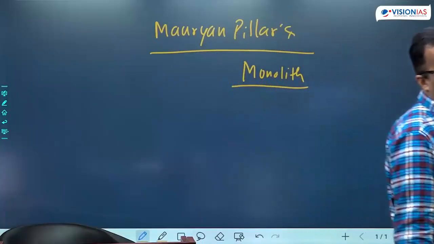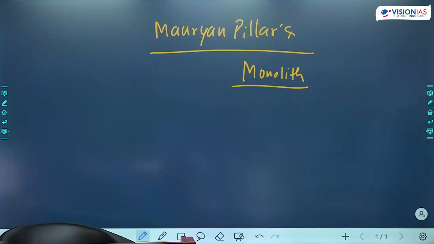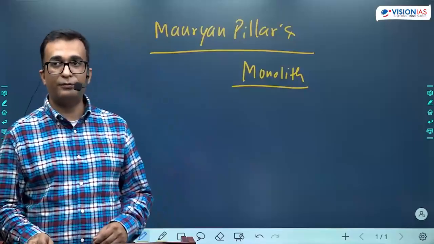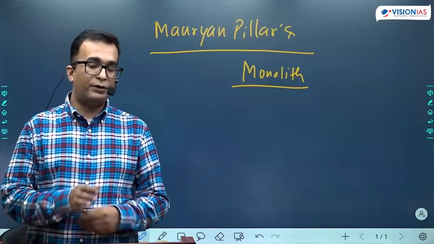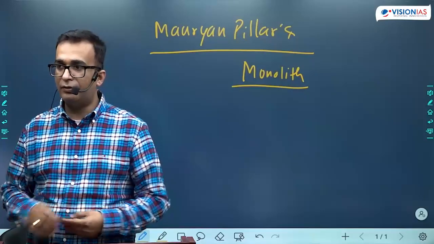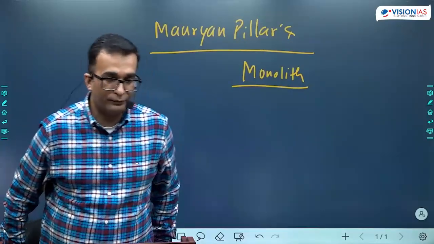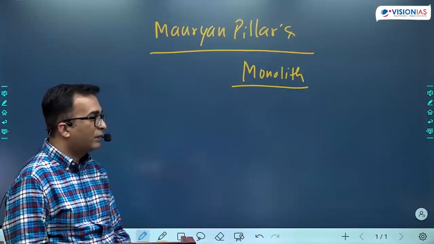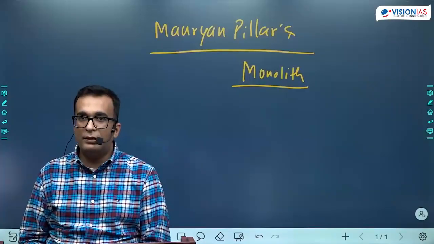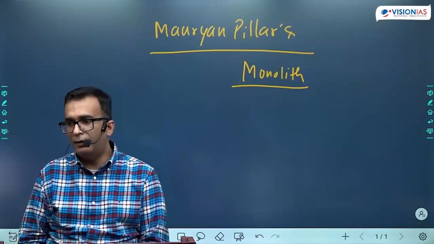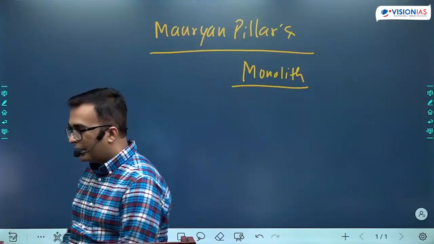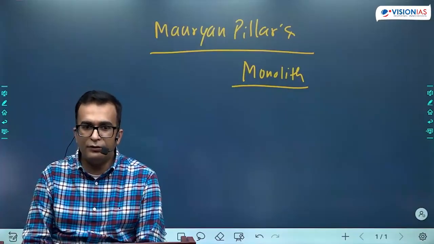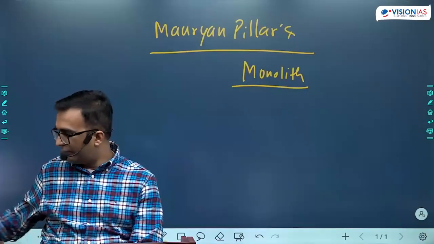Mauryan pillars were monolith in nature. They were created from single stone. Then mention the average height of Mauryan pillar. The average height of Mauryan pillar was 50 to 60 feet.